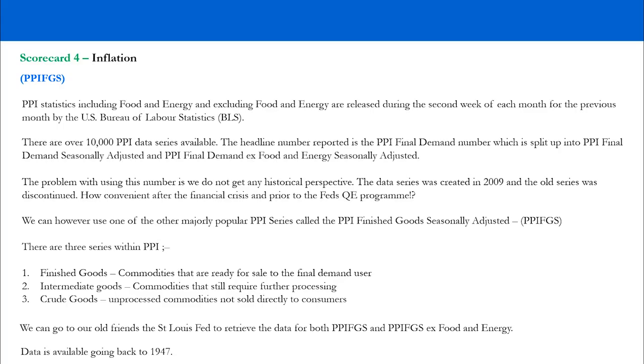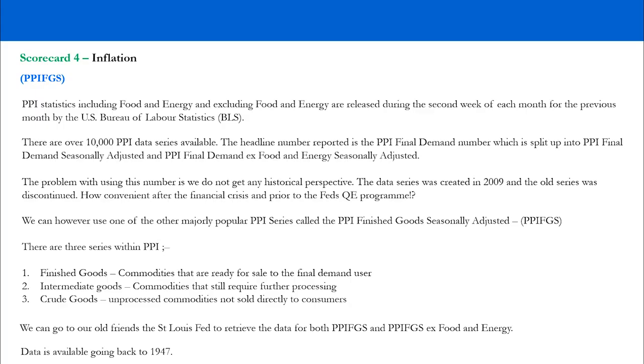If you're a conspiracy theorist, I guess you would question why the definition of business inflation all of a sudden changed in 2009. So the final demand number is not a number that we're going to use, because the data only goes back to 2009.